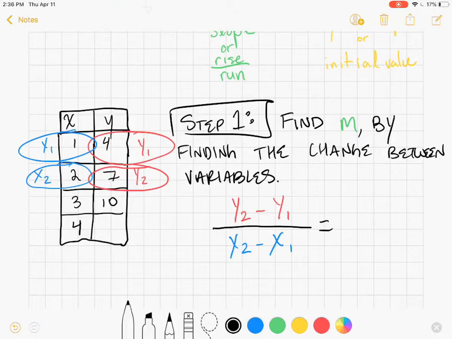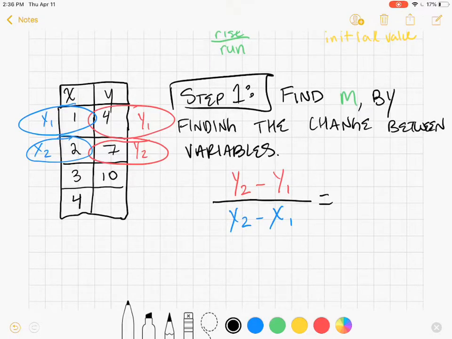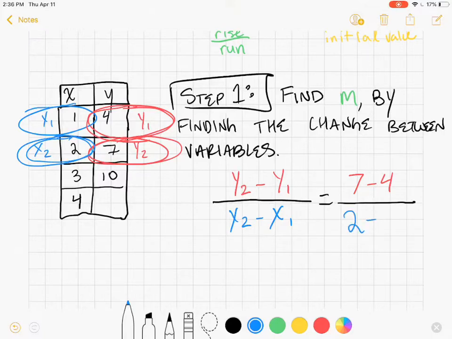So what does that mean for this table here? Well, y2 is 7 and y1 is 4. So we've got 7 minus 4 over x2 is 2 minus x1 is 1. So 2 minus 1. And that is going to equal our rate of change. That's going to equal m.